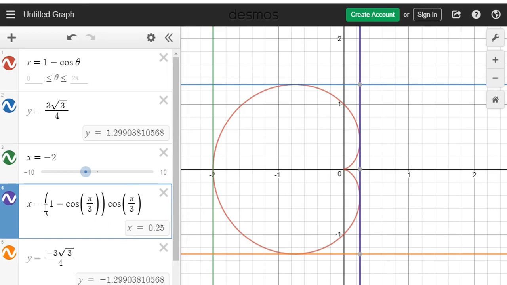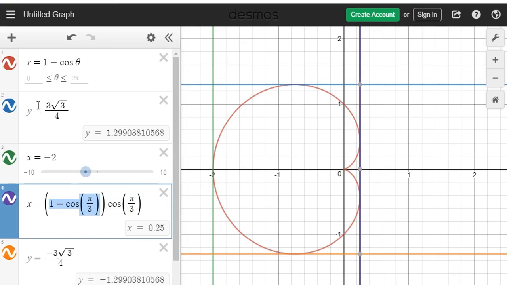And notice what's happening here is x parametrically is r times cosine of theta. So if I actually want to find the rectangular vertical tangent line, I would make x equals r times cosine of theta. R, remember, was 1 minus cosine theta.